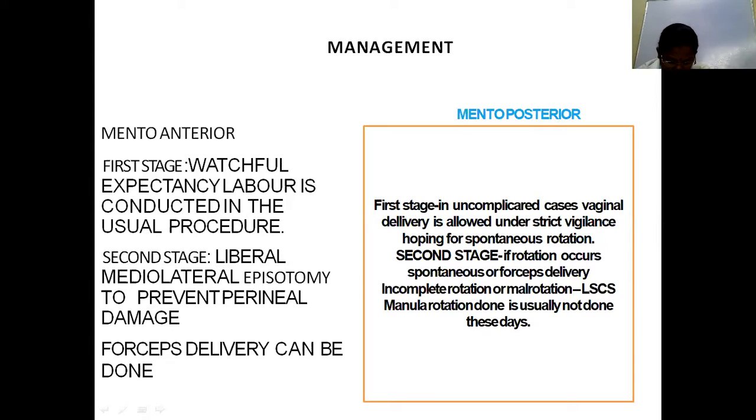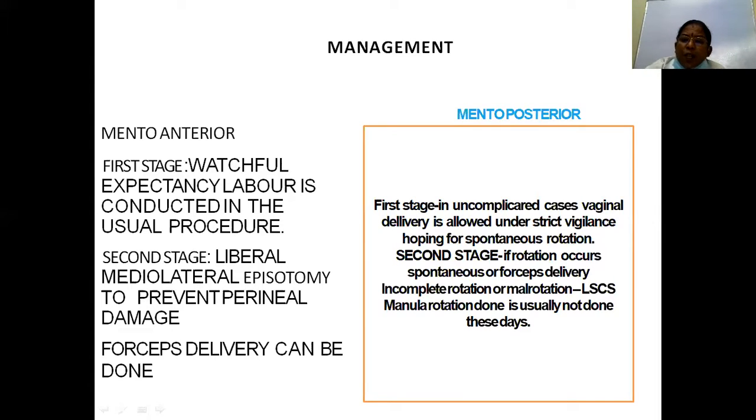What is more important is watchful expectancy, and when we allow these ladies to go into labor is also very important. There should be good uterine contractions, the pelvis should be adequate, and the baby should be of average weight. With a big baby, there can be chances of obstructed labor and prolonged labor. When these conditions are met, we can do watchful expectancy and follow the progress of labor.